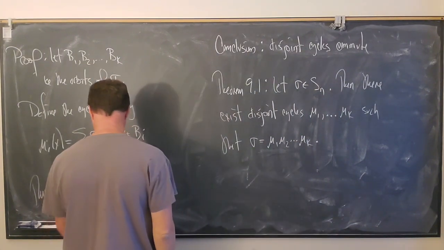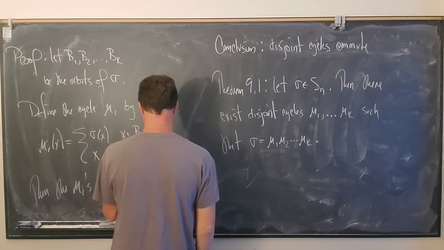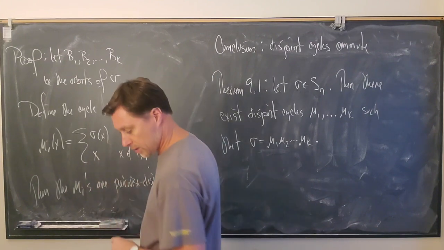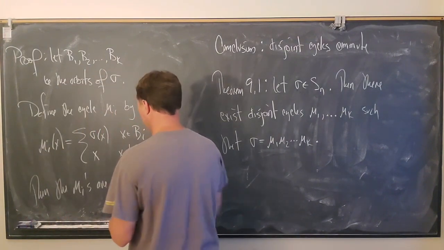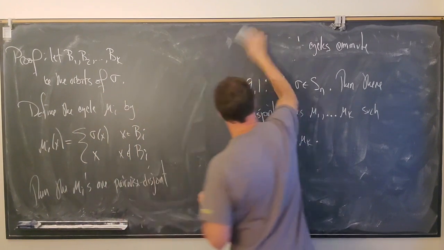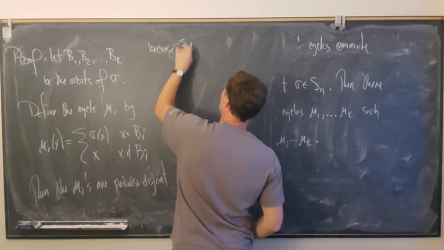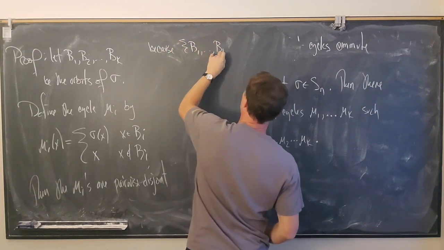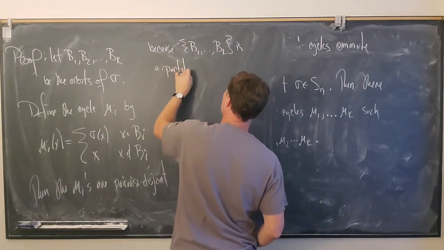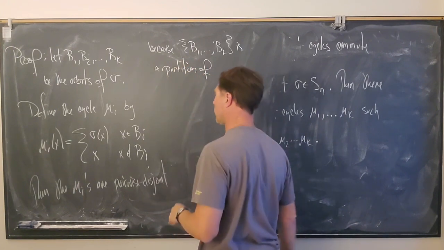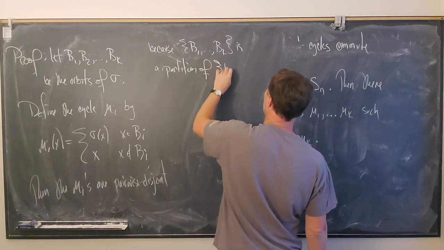So the mu sub i's are pairwise disjoint, because B1 up through BK is a partition of the set of numbers 1 up through n.